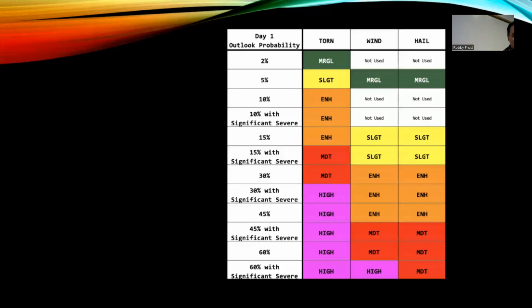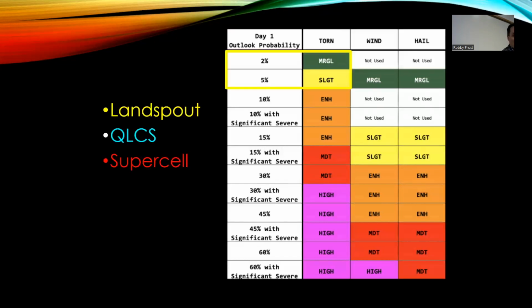Okay, the one final thing I figure, since we got a bunch of SPCers came in this evening, I'll just relate some of all these concepts to the way we try to forecast it and what's realistic to expect from us. Land spouts, QLCS tornadoes, and supercells. Typical outlooks for the land spout type things, you're lucky to get tornado probabilities, and these are going to be mostly day one as we get close to it.